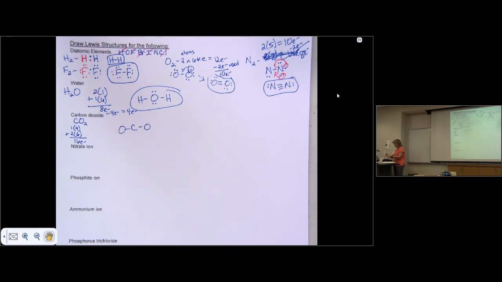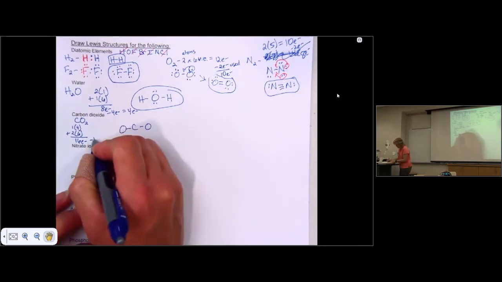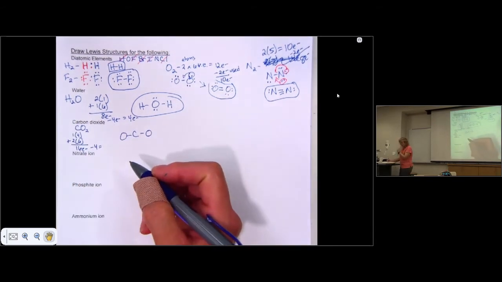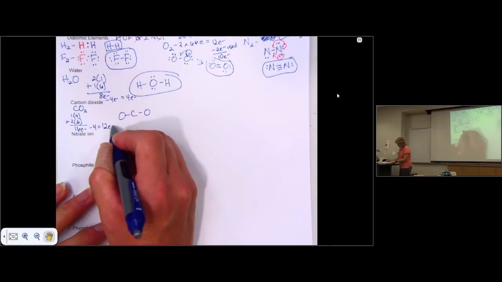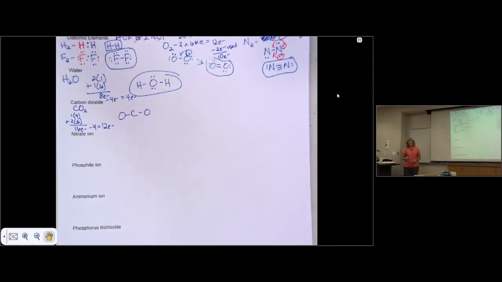How many did we use? So we subtract 4. And that leaves how many left over? Then we place those 12 in pairs, giving them to the what? What's it say? Who gets those first?